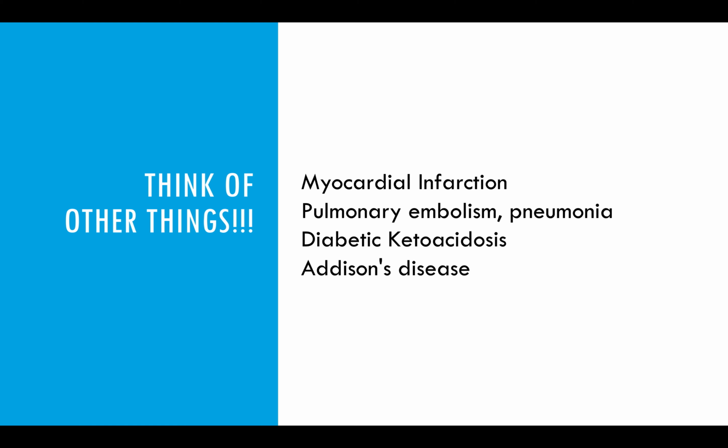Now, diabetic ketoacidosis, one of the common features is abdominal pain, and early on in the illness, people may present just with abdominal pain. It's often very non-specific and there's no real intra-abdominal pathology. So think of things like, should I do a sugar, etc. And then Addison's disease is another one. When patients get unwell with their Addison's, the first thing is they should tell you they have Addison's.